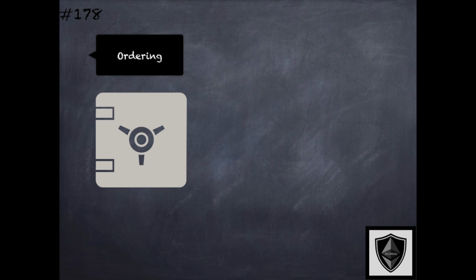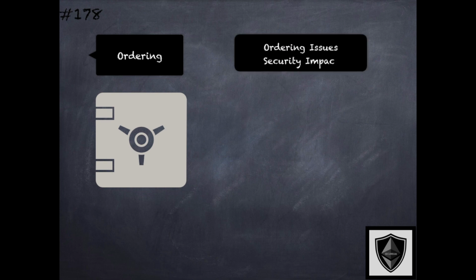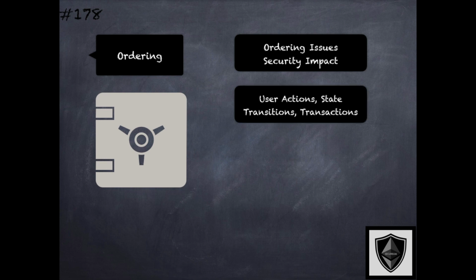Similar to timing issues, incorrect assumptions on ordering of user actions or system state transitions may also lead to security issues. For example, a user may accidentally or maliciously call a finalization function or other contract functions even before the initialization function has been called if the system allows this to happen.